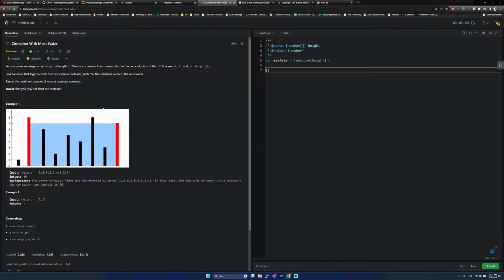So what we can do here, my intuitive thought would be, indexes 0, 1, 2, 3, 4. Calculate the difference between these two, like the 8 and 7.